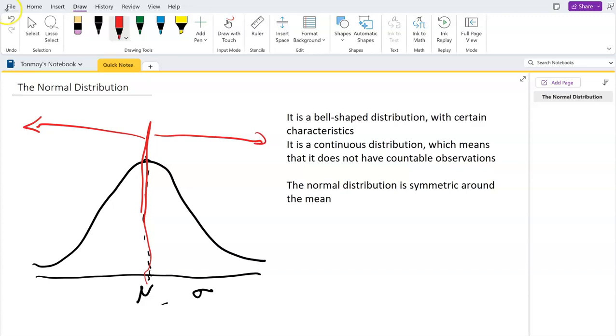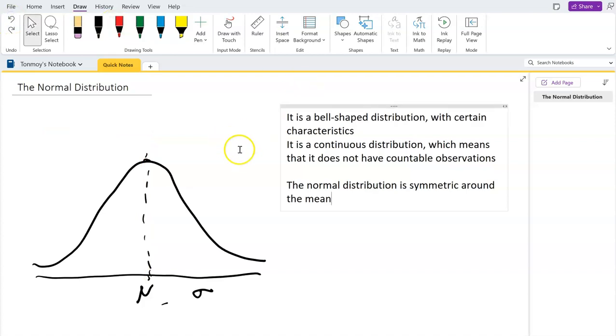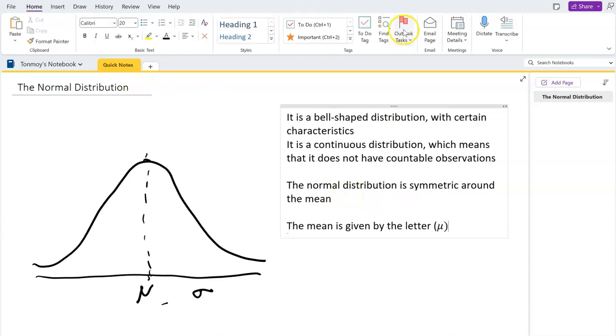So they look exactly the same around the mean, or the left-hand side of the mean looks exactly like the right-hand side of the mean. The mean is given by the letter mu. It's a Greek letter mu. And the standard deviation is given by the letter sigma.